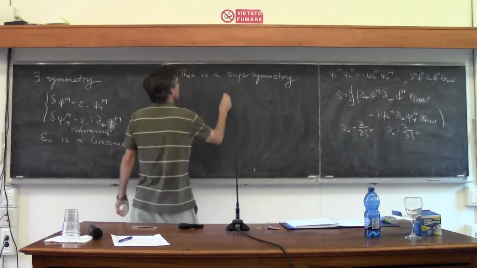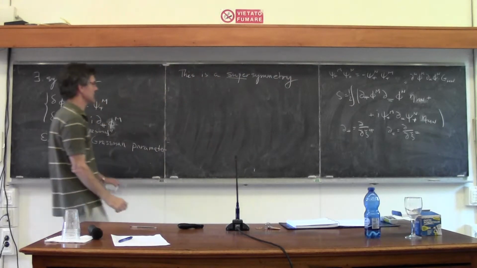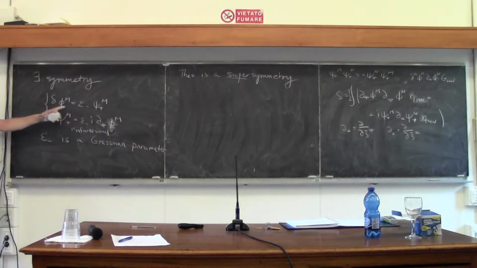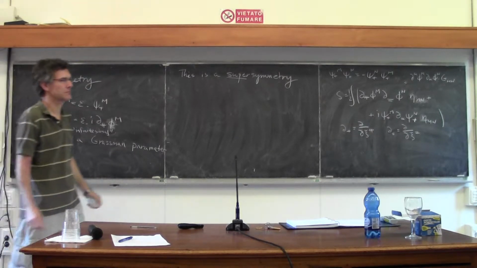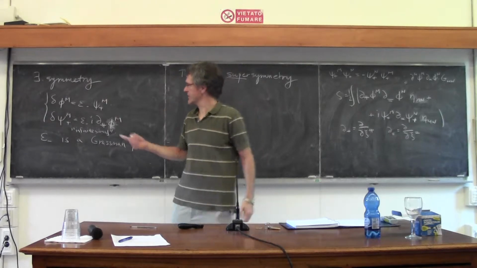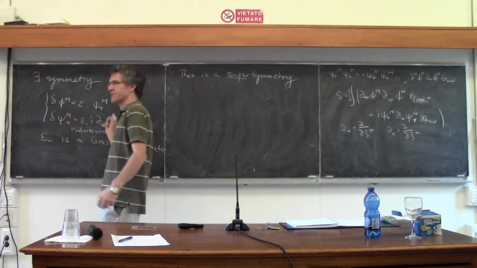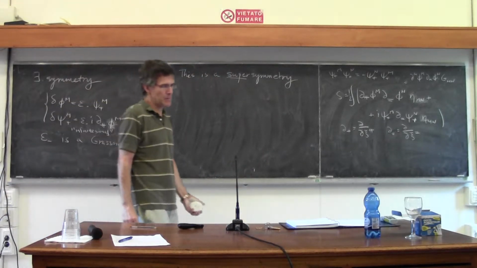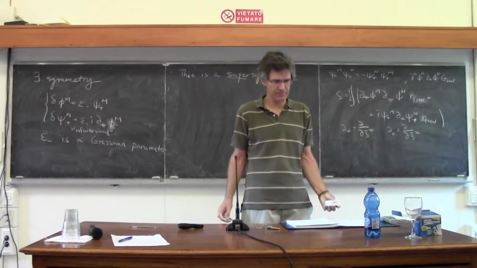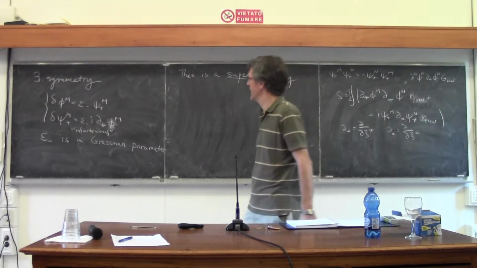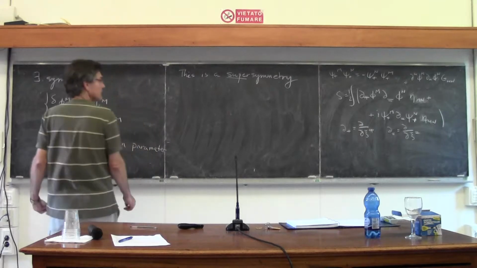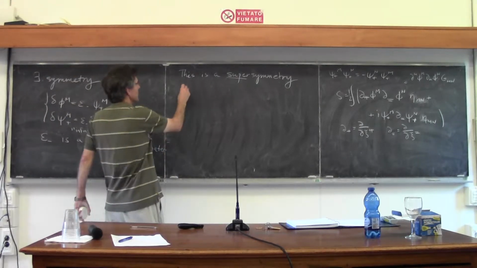The super means that fermions and bosons are mixed. So a boson transforms into a fermion and a fermion transforms into a boson. And yeah, good. I did erase it.